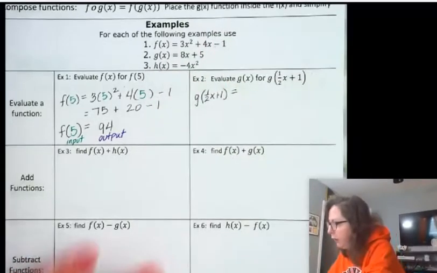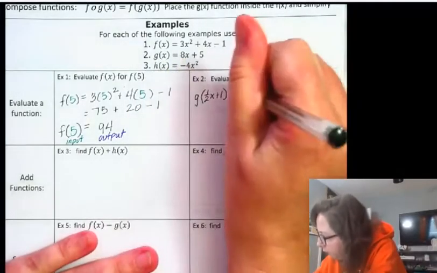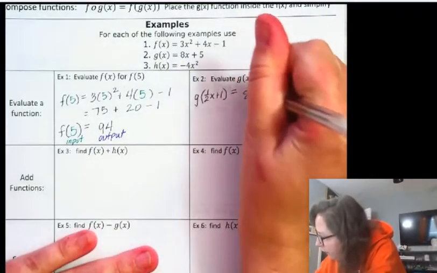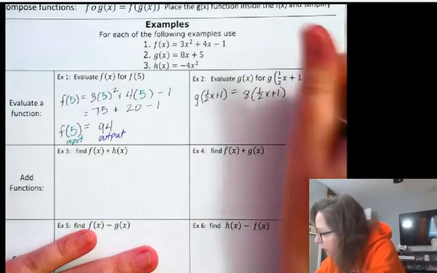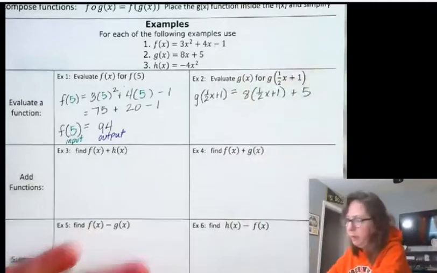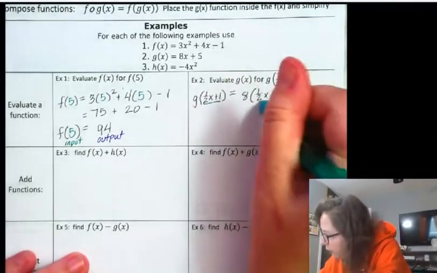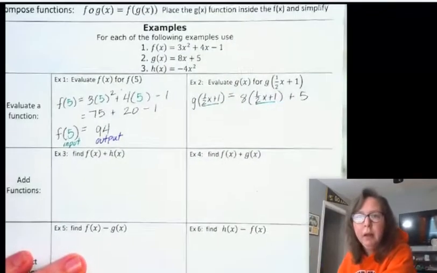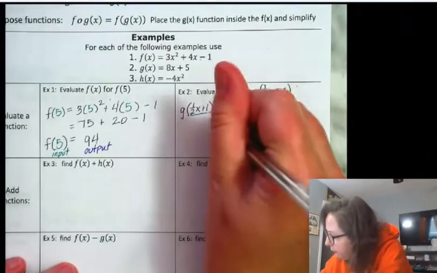Oh, and I meant to color code that. So g of x is 8x plus 5. Okay, and again, this is where I did the substitution. Okay, all right, and so now I'm ready to just simplify this.